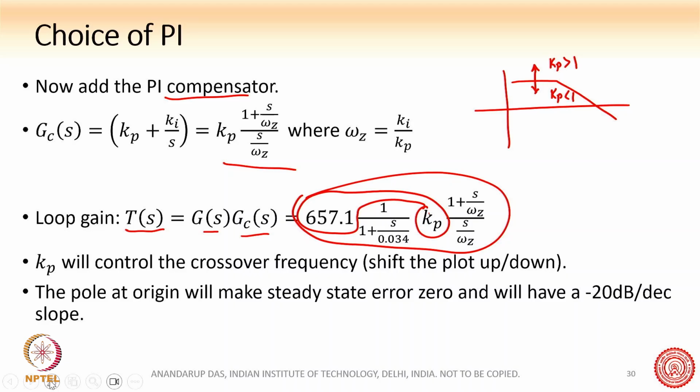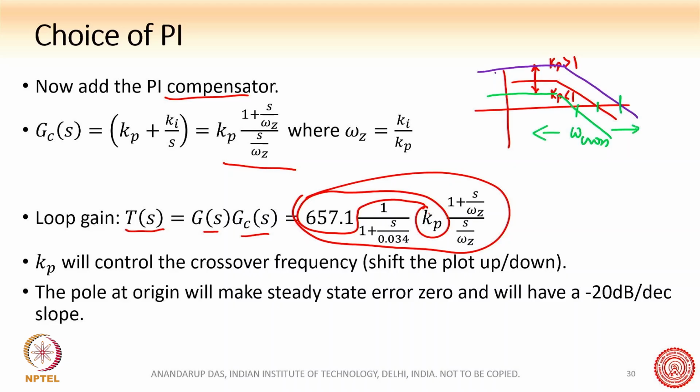So for example, you can have a plot which is like this, or you can also have a plot which is like this. So what you can see here is that when you change this Kp value, your bandwidth is changing. Omega cross is changing, it is moving.